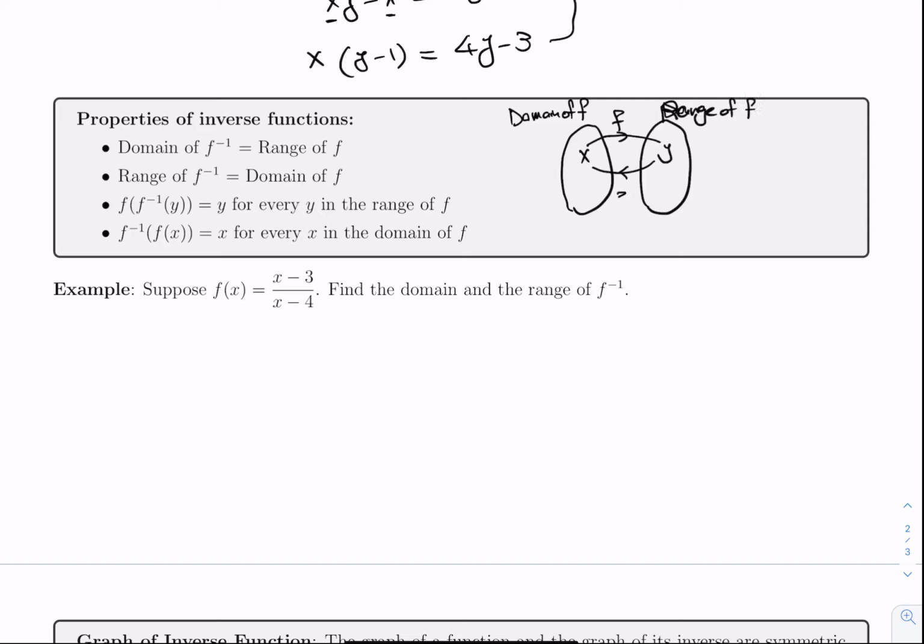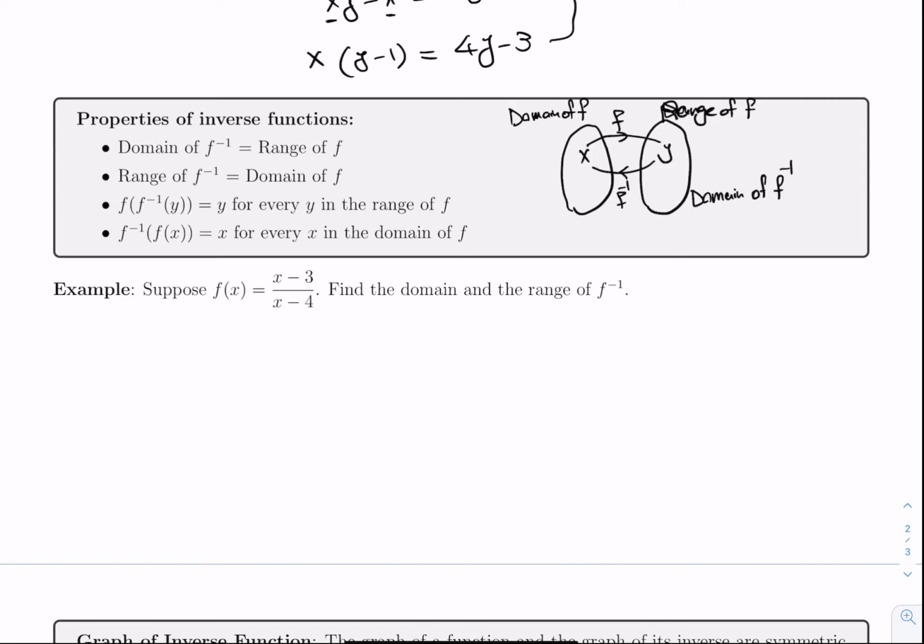Now y is an input for f inverse, so the set of all y's is the set of all inputs for f inverse, which forms the domain of f inverse.